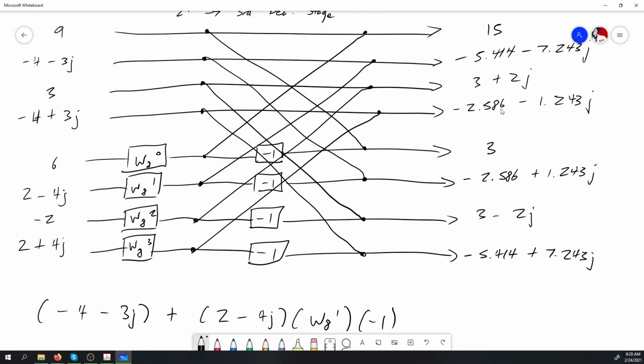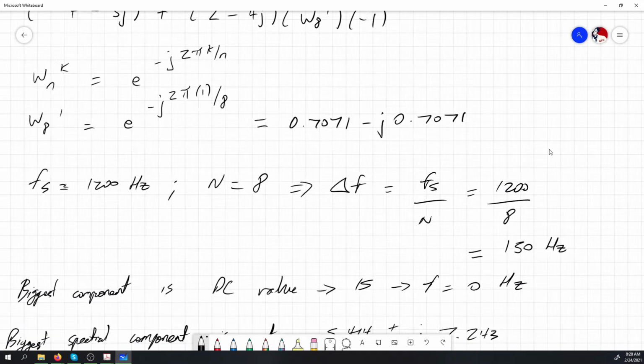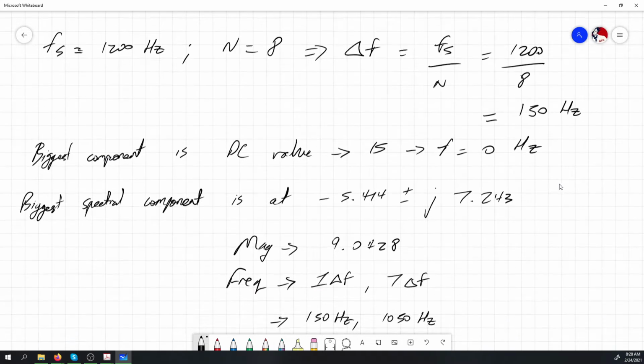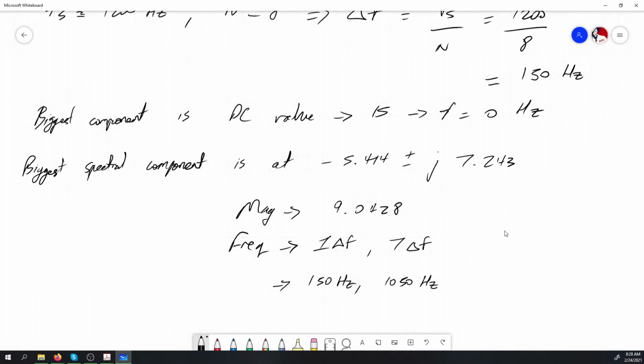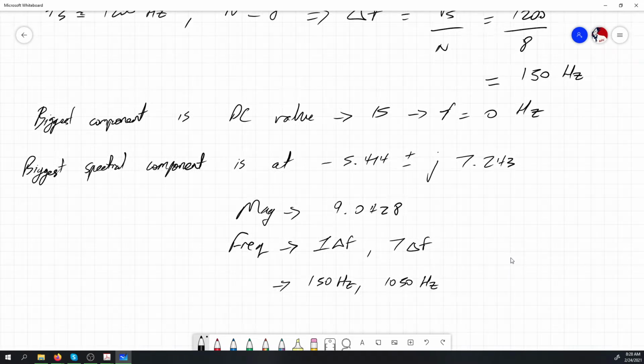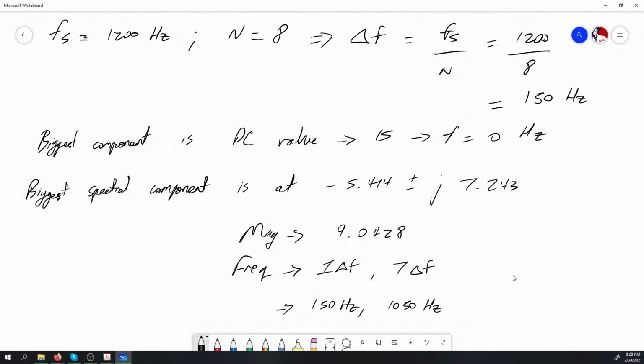So this here will be at 0 because it's the DC component, and then each harmonic component will be 1 delta f, 2 delta f, 3, 4, 5, 6, and 7 delta f accordingly. So the calculation for delta f is f of s divided by N, the sampling frequency divided by the number of points we have for the FFT calculation.